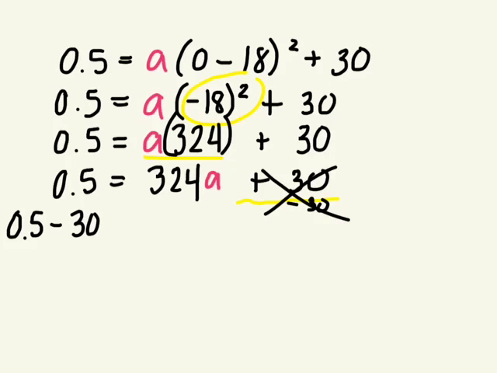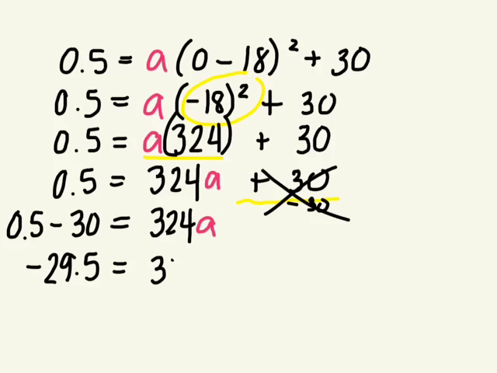Whatever you do to one side, you have to do to the other side. Equals 324A. Can you simplify this? Can you do 0.5 minus 30? What is it? Negative 29.5 equals 324A. Yep.